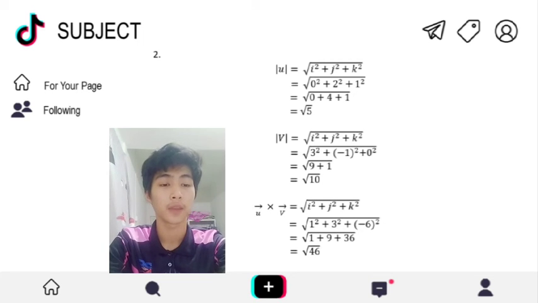So we use the same formula, root of I squared plus j squared plus k squared, and the components of u cross v we put in for I, j and k. So root of 1 squared plus 3 squared plus (-6) squared, equals root of 1 plus 9 plus 36, and the last answer is root 46.